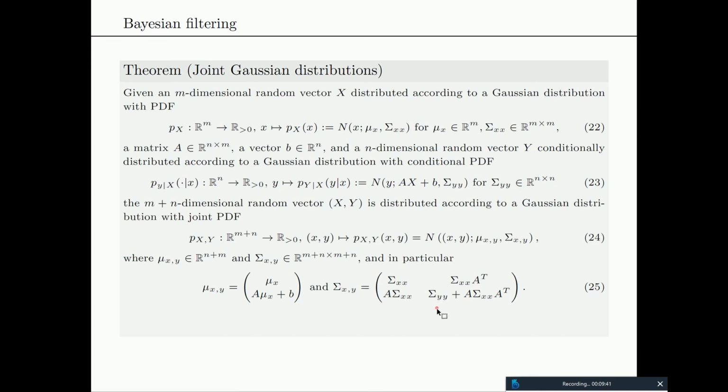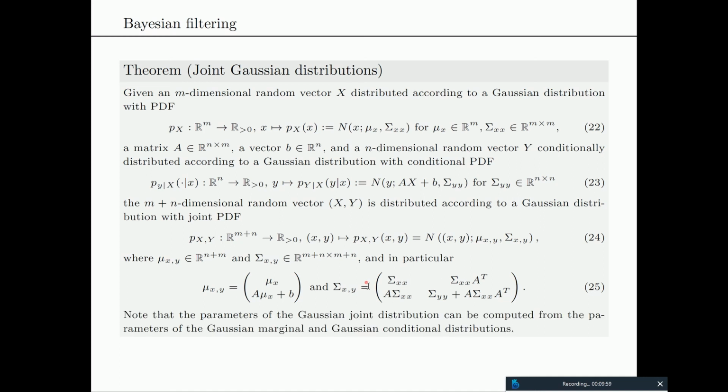That's the joint Gaussian distribution theorem, which we briefly saw in lecture 3. So that says if you have a marginal Gaussian and a conditional Gaussian, the joint distribution of these random variables is Gaussian, and you can compute its parameters from the parameters of the respective marginal and conditional distributions.